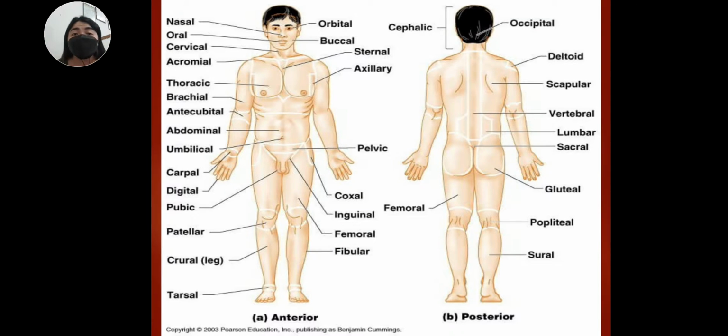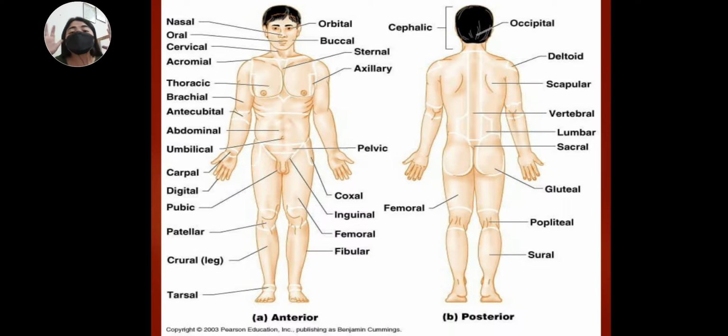We have orbital, nasal, oral, cervical, buccal, sternal, acromial, axillary, thoracic, brachial, antecubital, abdominal, umbilical, carpal, palmar, pelvic, digital, which is your fingers, pubic, inguinal, femoral, patellar, fibular, crural or your leg part, tarsal.